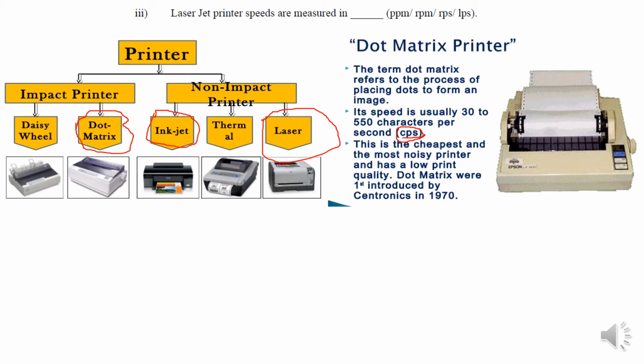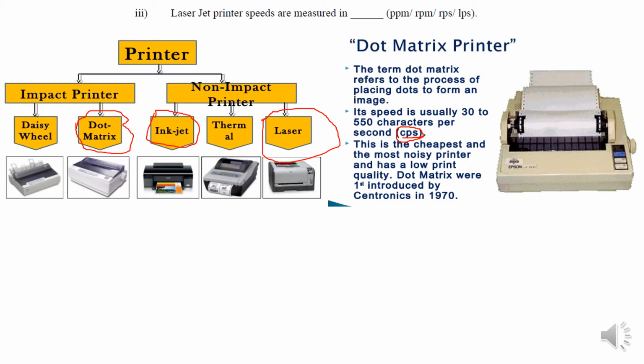This is the cheapest and the noisiest printer and has very low print quality. Dot matrix printers were first introduced by Centronics in 1970. So many questions are possible from this portion, and after watching this slide you can answer all of them, not only this question.